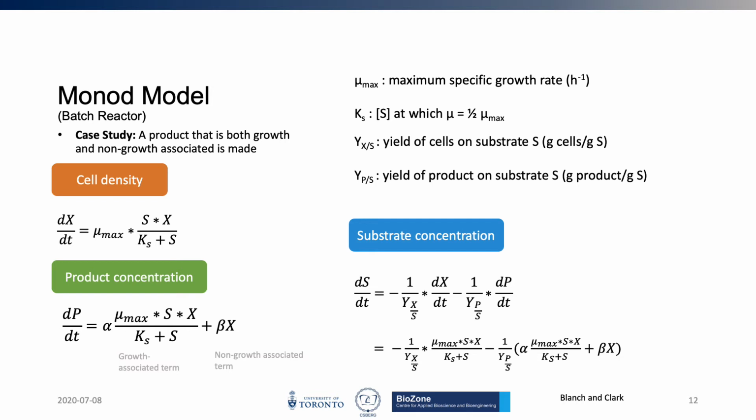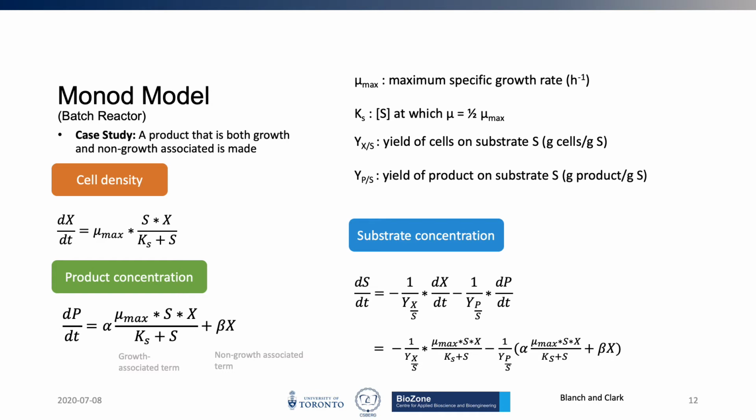In terms of the constants for this case study, you have mu max, K sub S, and Y X sub S as before, but then you also have the yield of product on substrate S, which is Y P sub S, and the units are grams of product per gram of substrate S.